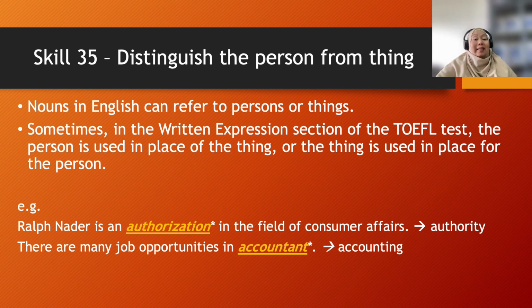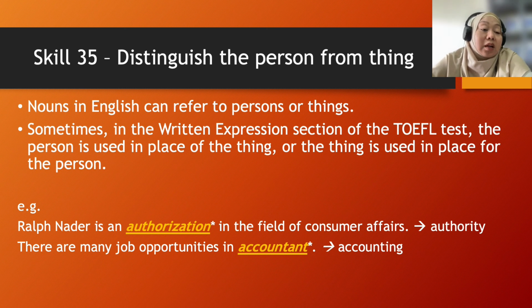And what happens in the written expression section of the TOEFL test is that sometimes the person is used in place of the thing, or the thing is used in place of the person. So that is how the skill of distinguishing the person from the thing is evaluated in the written expression section in the TOEFL test.